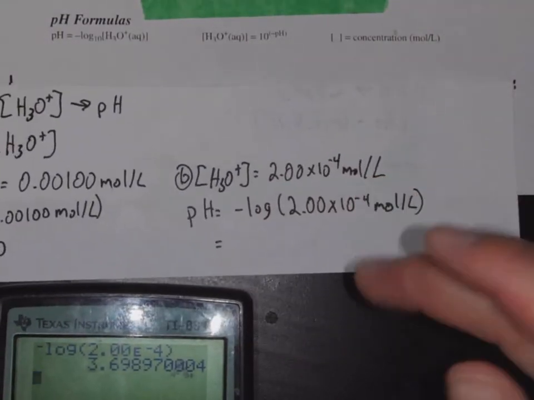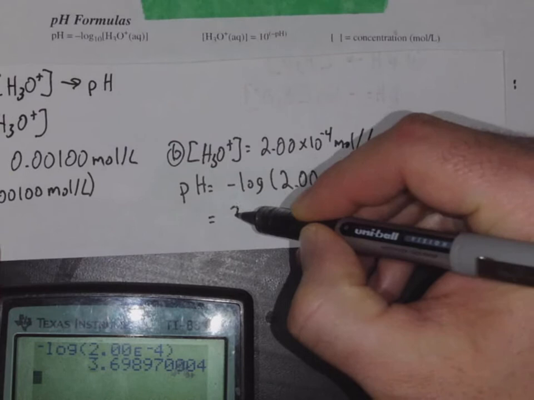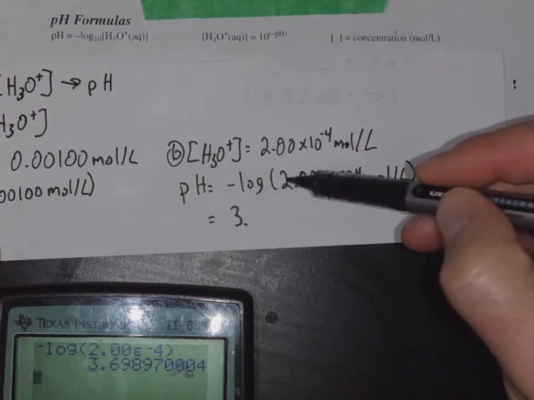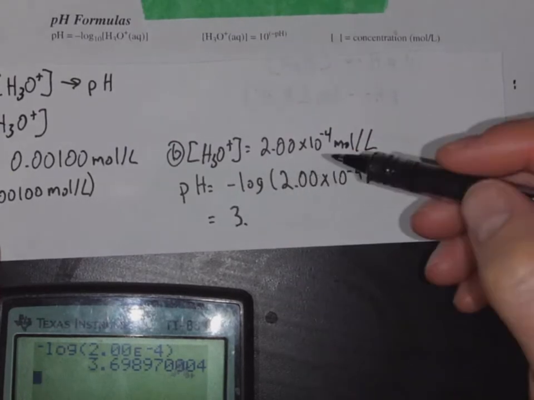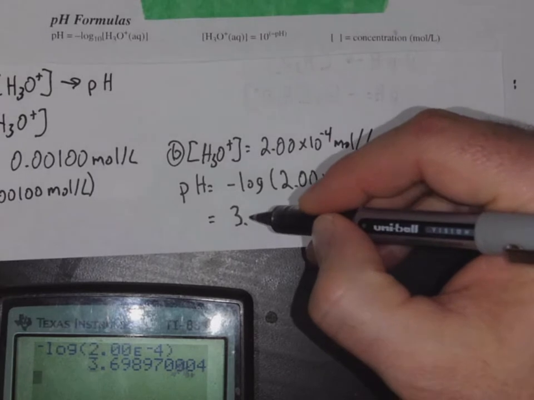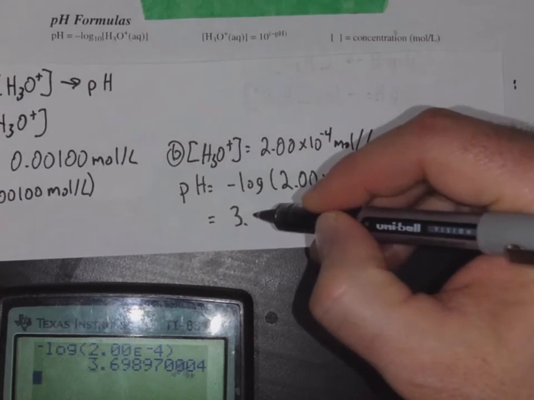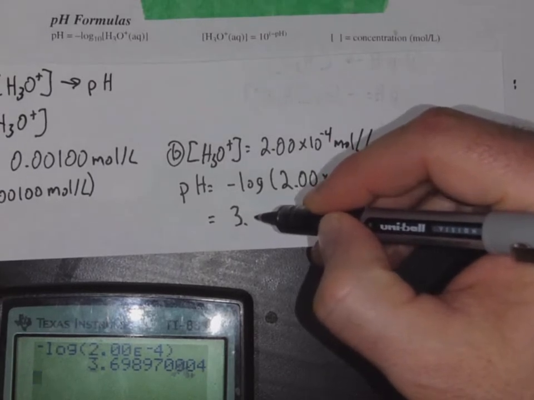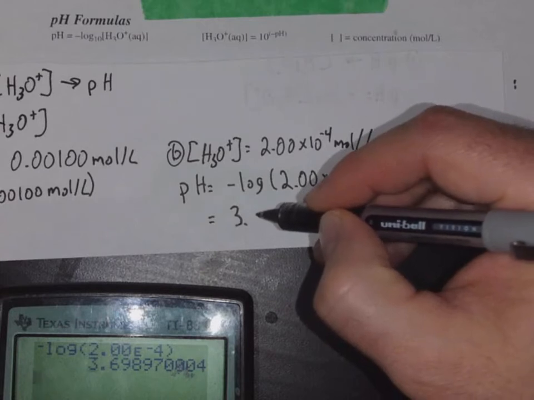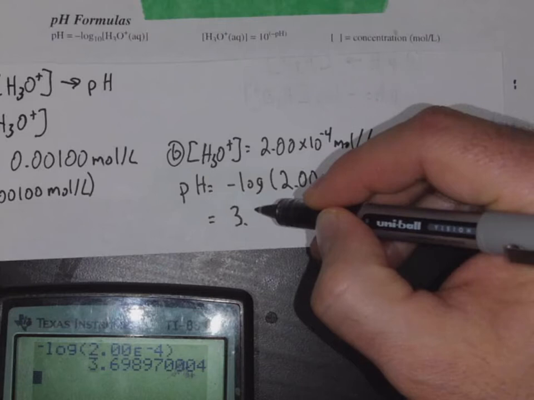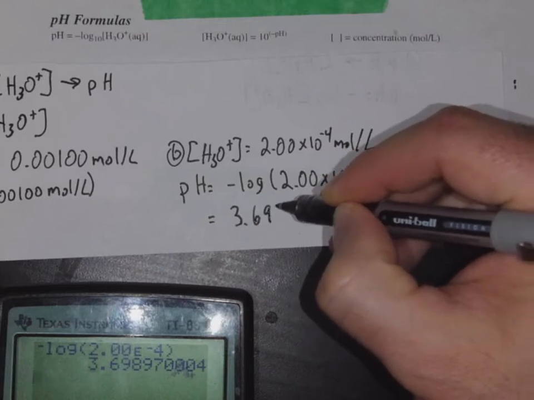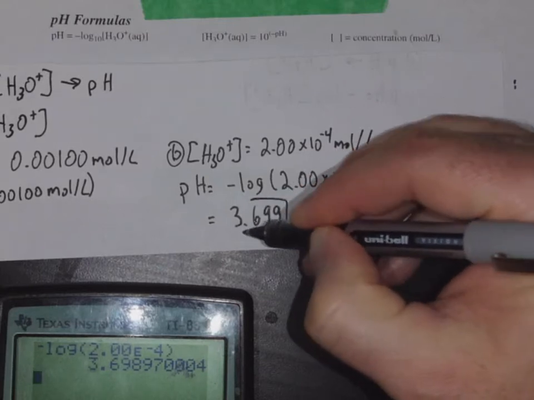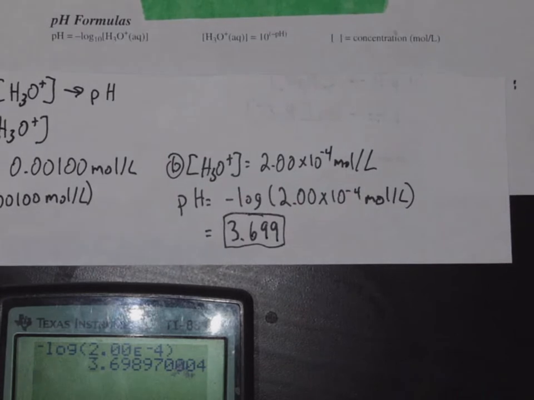In this case we have 3 significant digits, so we need 3 numbers after the decimal. This would be 3.698, and we stop at the 8. The number after the 8 is a 9, so this rounds to 3.699. There is my final answer. pH does not have units.